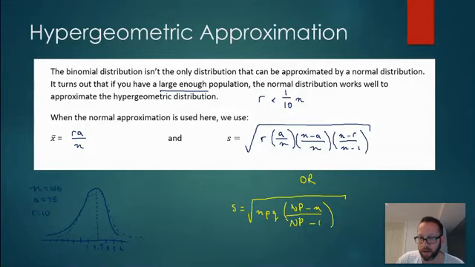P is like your ratio of success, which is, of the N objects, A are successes, and that's where the P comes from. And of your N objects, the remainder, N minus A, are failures. So everything lines up with the above formula. I like to teach that one because my students are used to using R, A, and N. So in the example we do next, we'll use that.